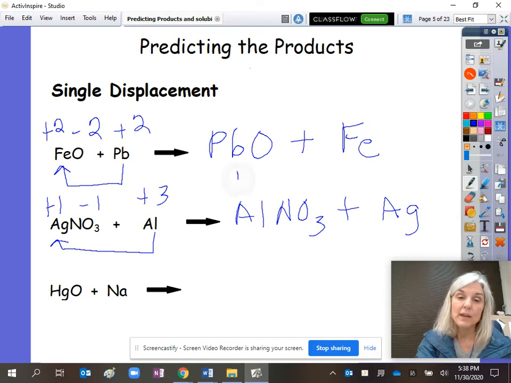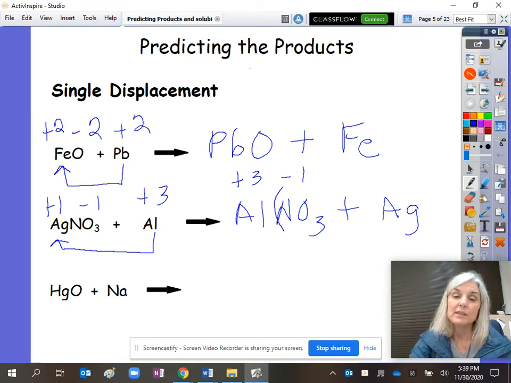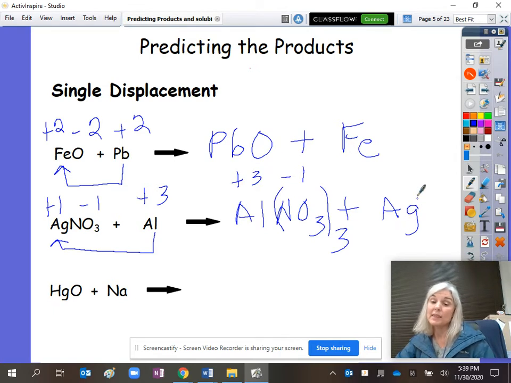So remember, Al is +3, nitrate, though, is -1. So we're going to need 3 nitrates. So that means we need to put it in parentheses with a 3. So that's the correct formula. So that's the big thing about predicting your products. Once you put them together, you have to make sure that you have the correct formula.